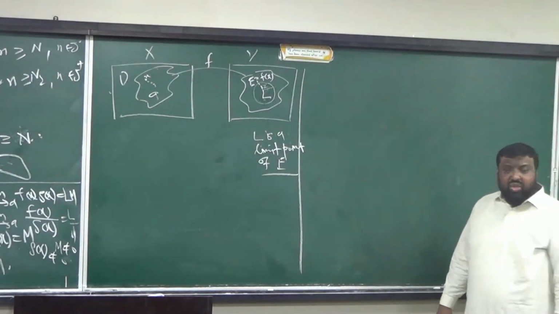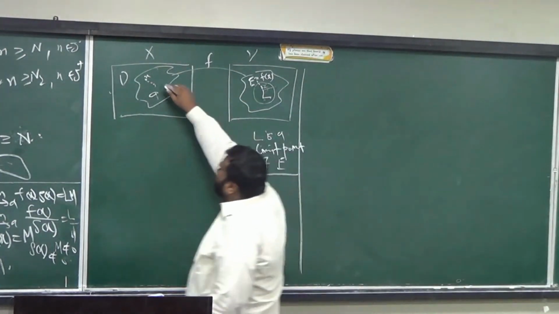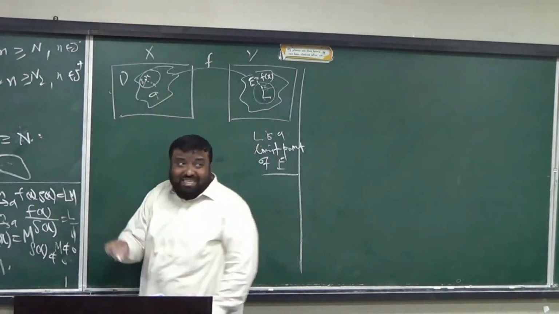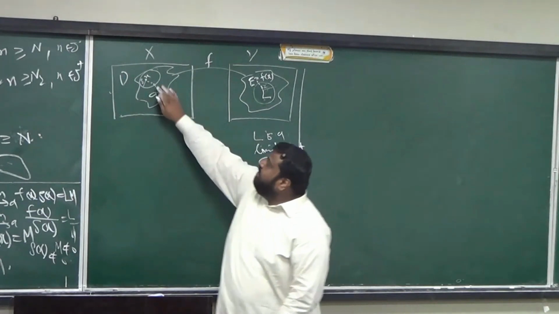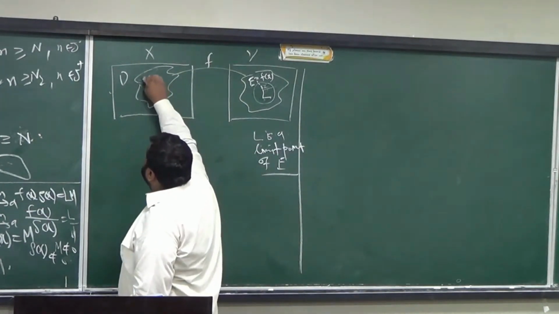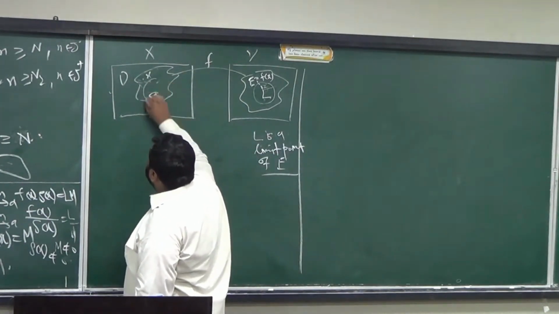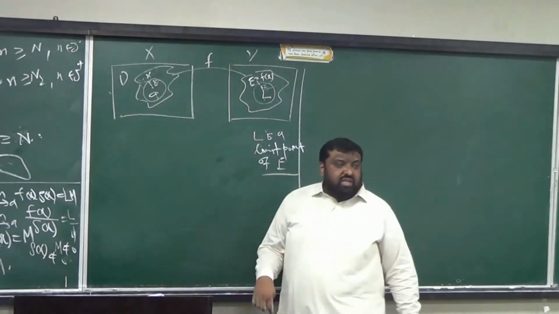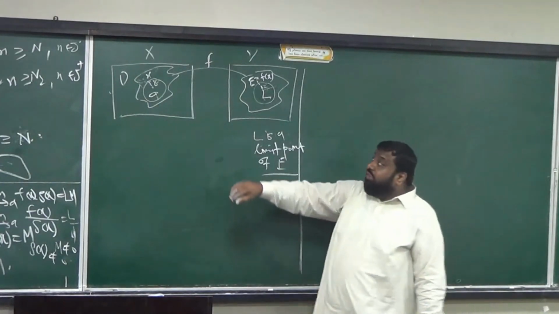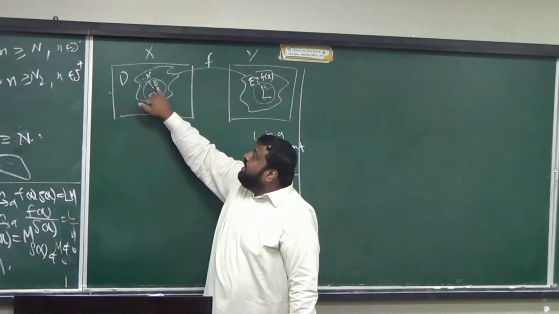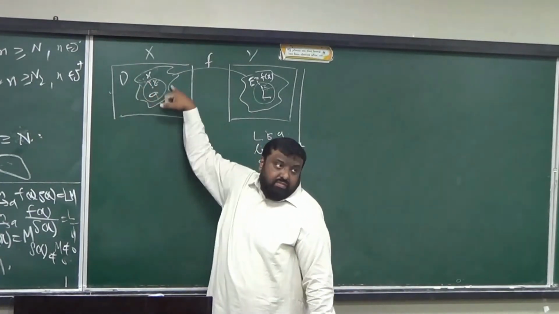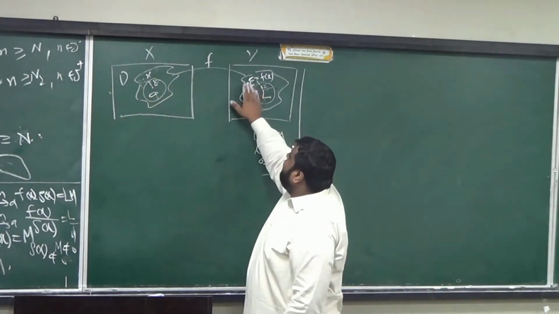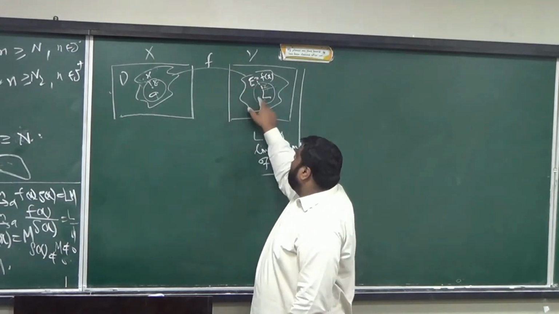We can always find a neighborhood of A with radius delta, such that if X is falling in this neighborhood of A, then all the images f of X are going to fall into this.